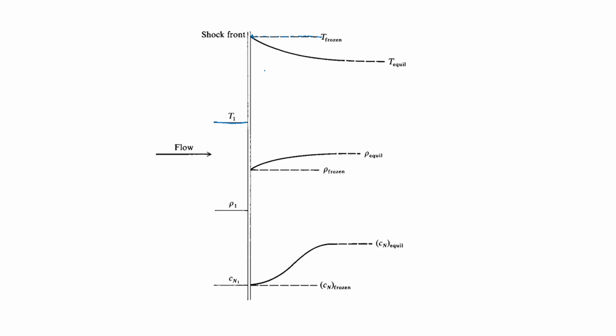So what will happen in non-equilibrium? This N2, by the collision of some species M, will dissociate into N, atomic nitrogen.